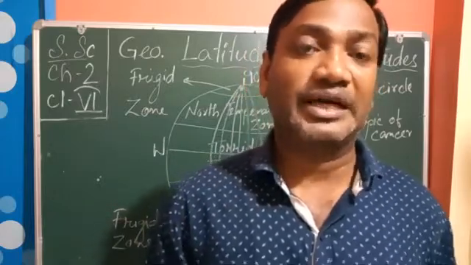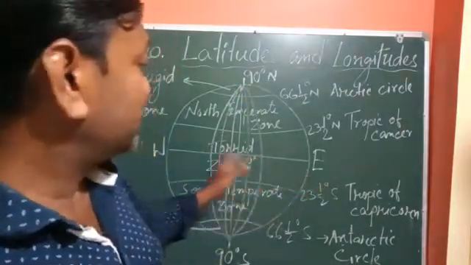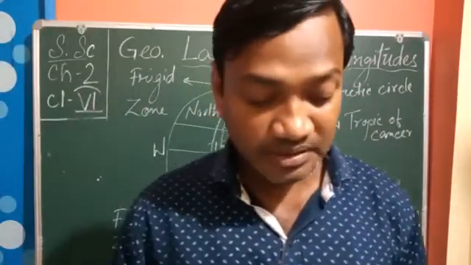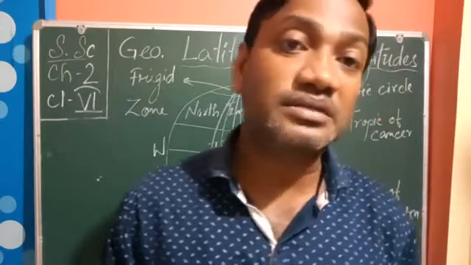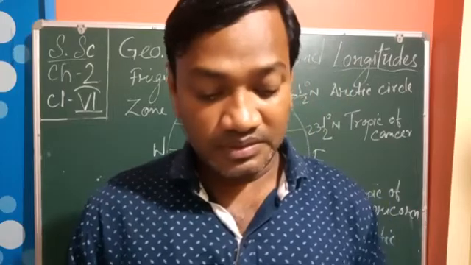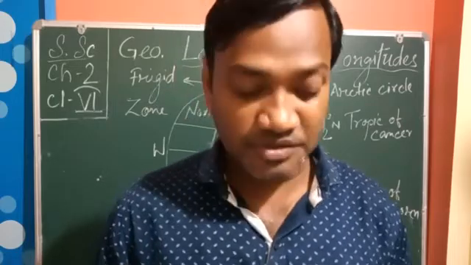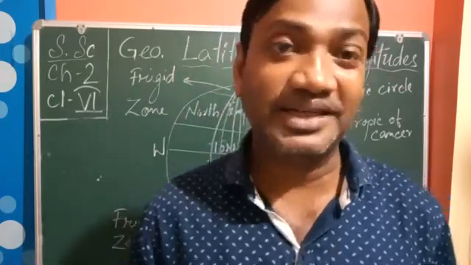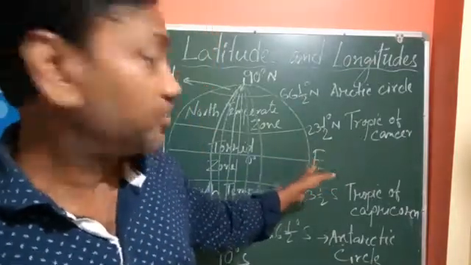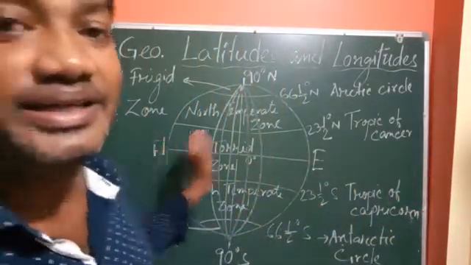So if we want to write, we write 0 degree to 180 degree east or 0 degree to 180 degree west.